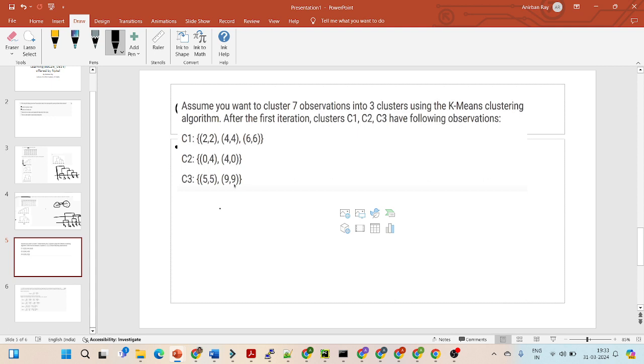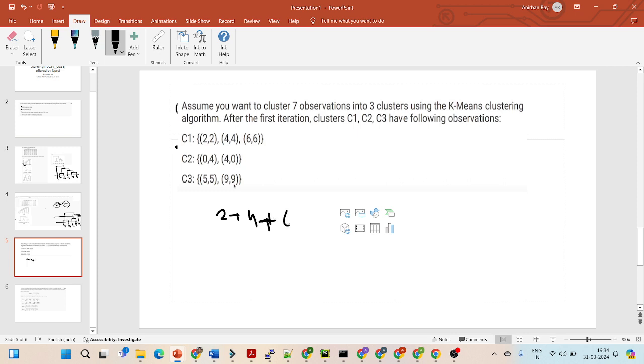For each cluster, for each dimension, you have to find the centroid. The centroid is just all the x coordinates divided by 3 and all the y coordinates divided by 3, something like that, nothing other than that.